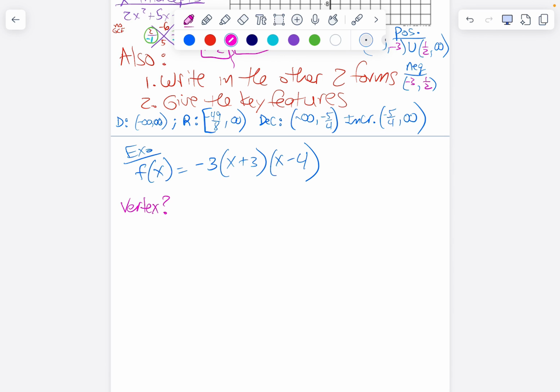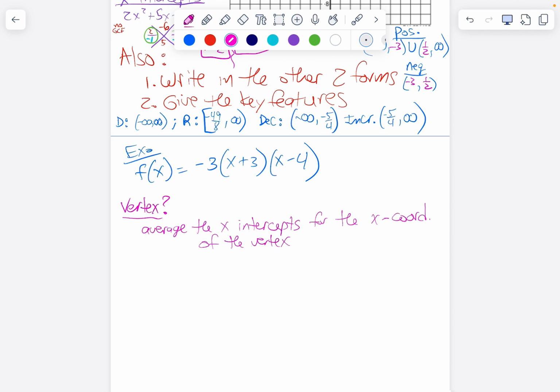Average the x-intercepts for the x-coordinate of the vertex.